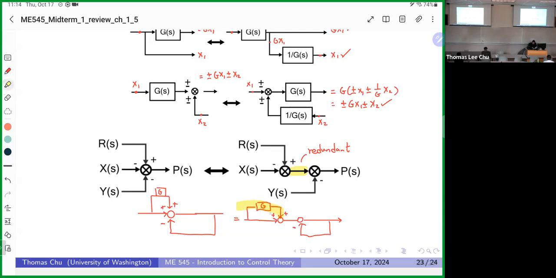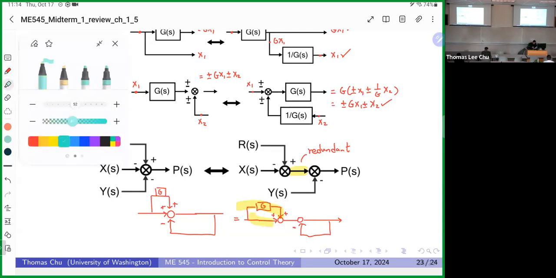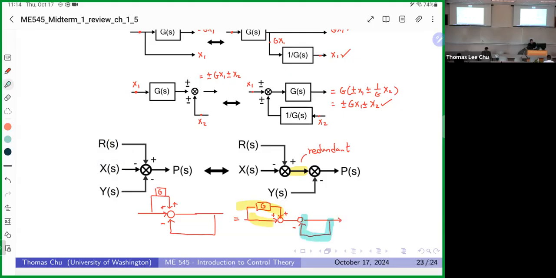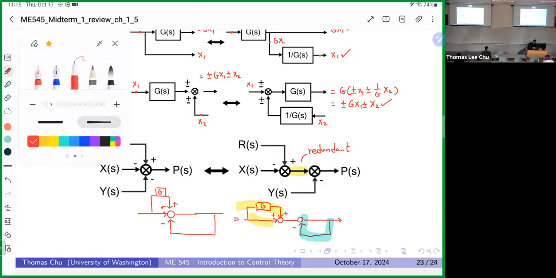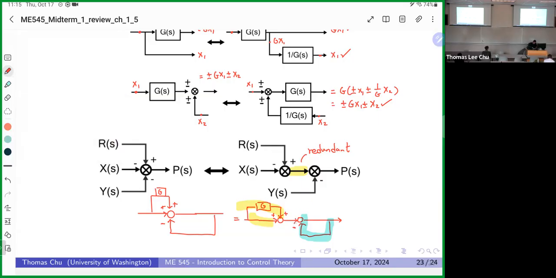So these two can be added, and this one can be fed back. And the reason why it's nice is because you can see now that it simplifies the block diagram. Even though we have a redundant line, at least it makes it easier for visualization. It's going to be a plus sign here.